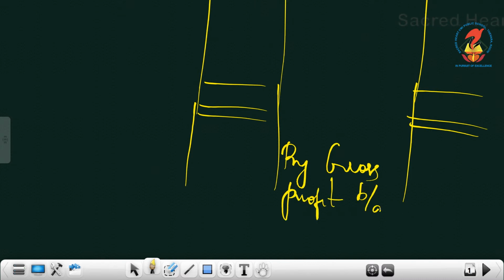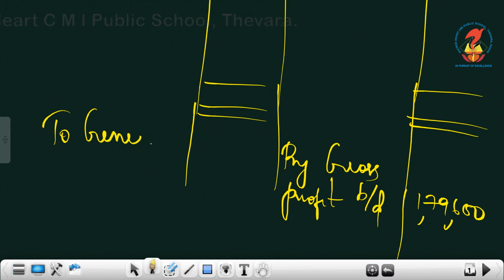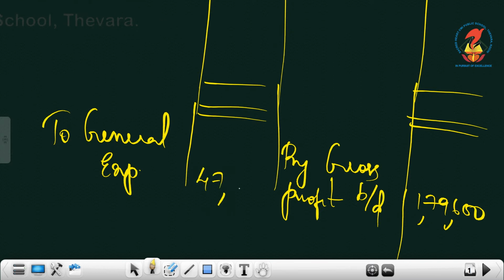By gross profit brought down, it is 1,79,600. Now we have to see all indirect expenses given. The first one, general expenses. You move in the order given in the question. General expenses, indirect, is 47,400.